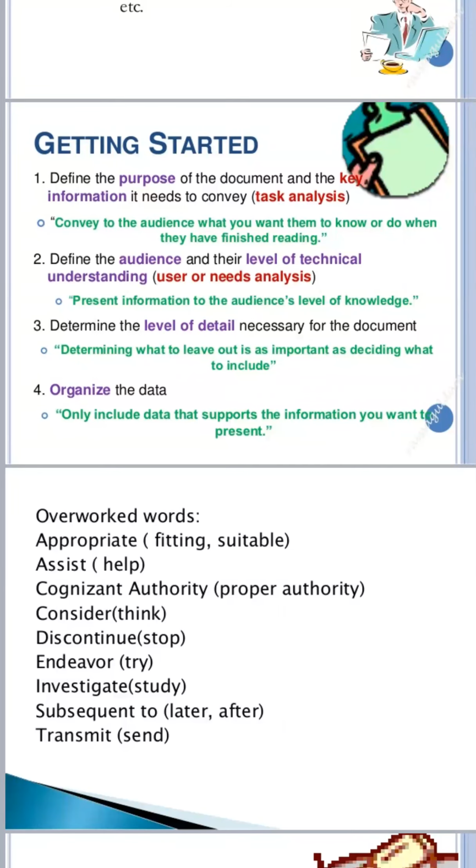You must have information about the knowledge of your audience. If you don't know your audience, you can't write appropriately according to the requirement, up to the mark. So we have to keep this in mind.